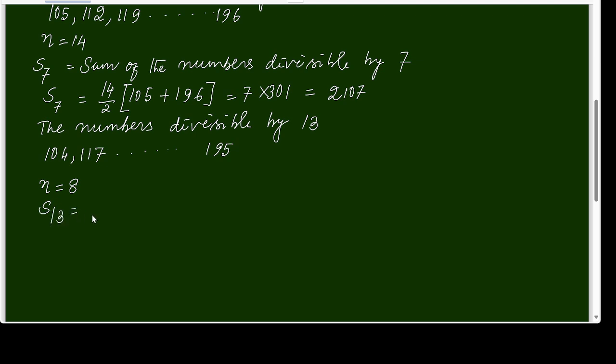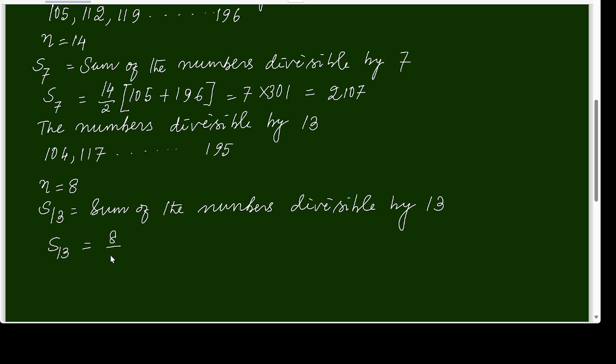S13 is the sum of numbers divisible by 13. Then S13 equals 8 by 2, first term is 104, last term is 195. Then it equals 4 multiplied by 299, so it will be 1196.